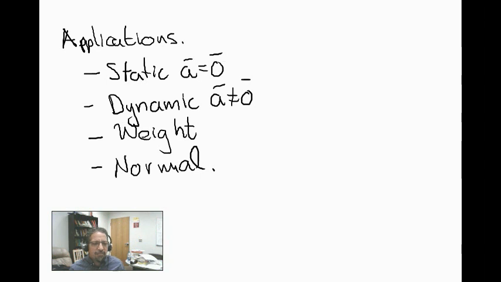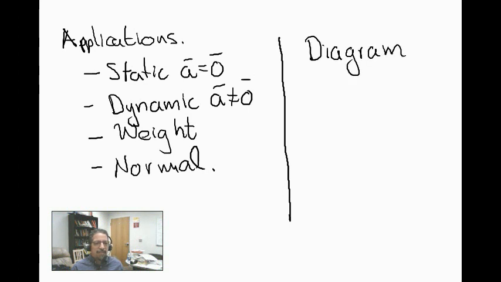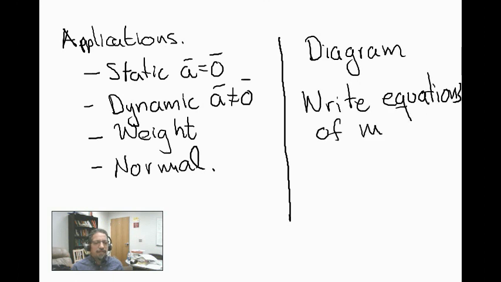In the applications, we always follow the following pattern. We draw a diagram of forces and accelerations. Then we write equations of motion. And this is just Newton's second law, but adapted to the particular information we have.